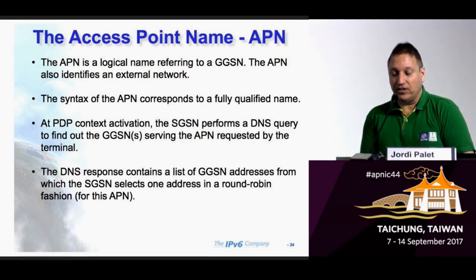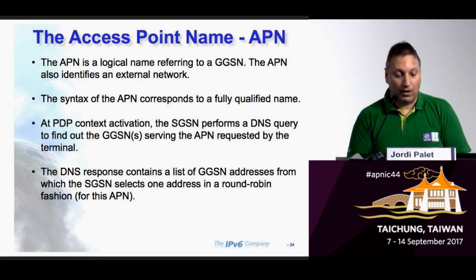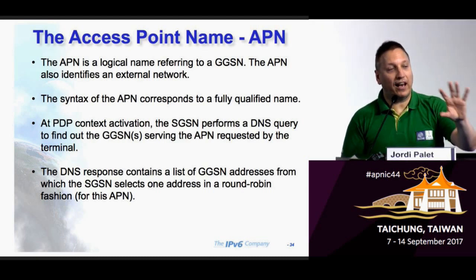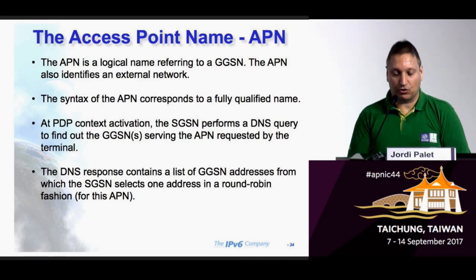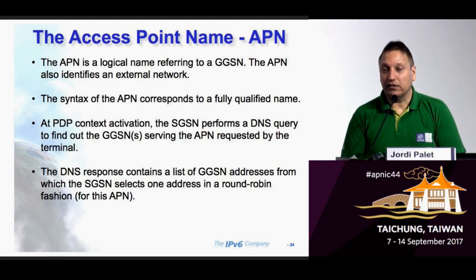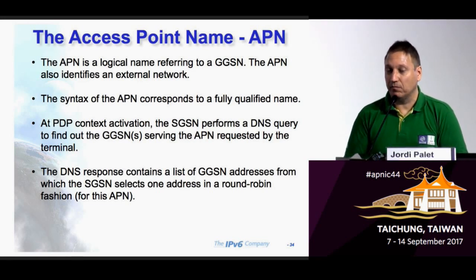Now, I just mentioned that we have this thing called the APN, which stands for Access Point Name. The APN is a logical name referring to one of the elements for the connection of the IP sessions, right? The APN is also identifying external networks. The APN basically is a fully qualified name.